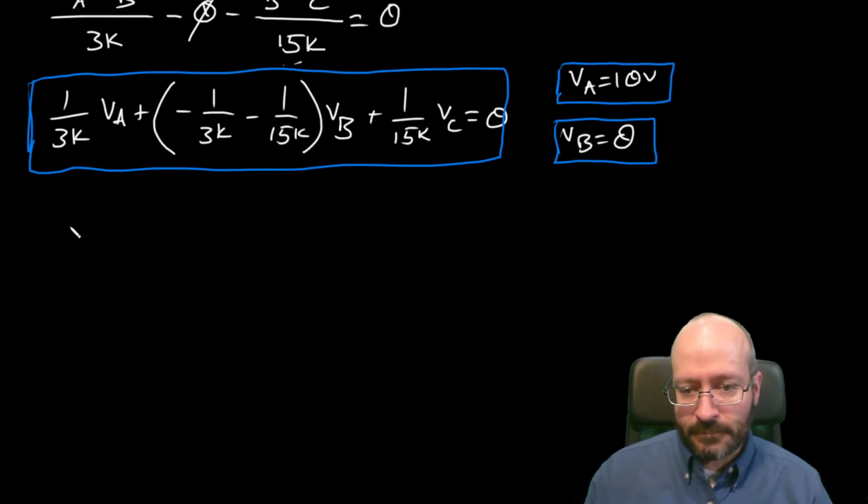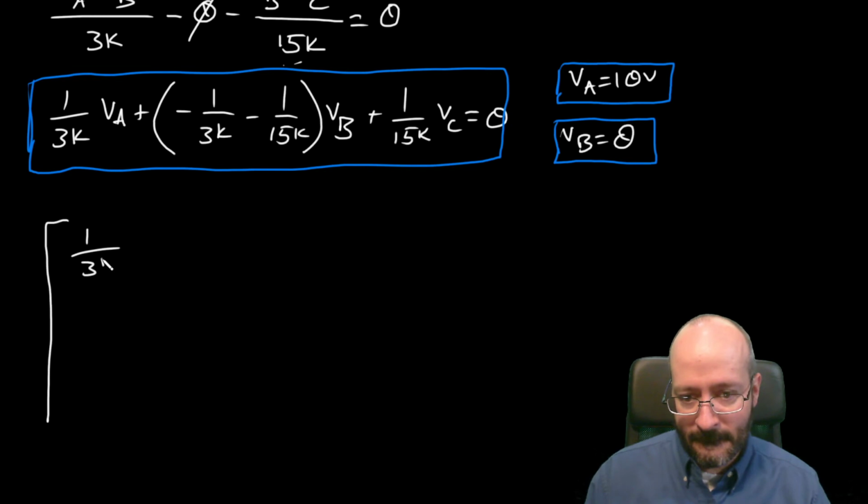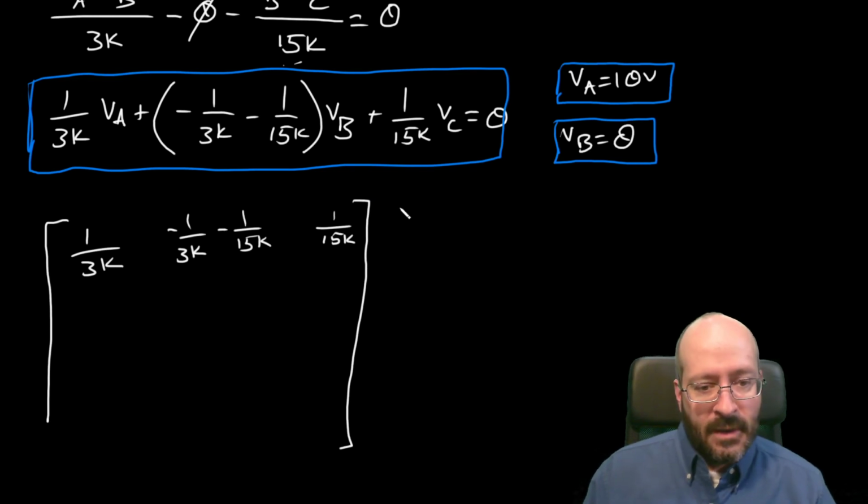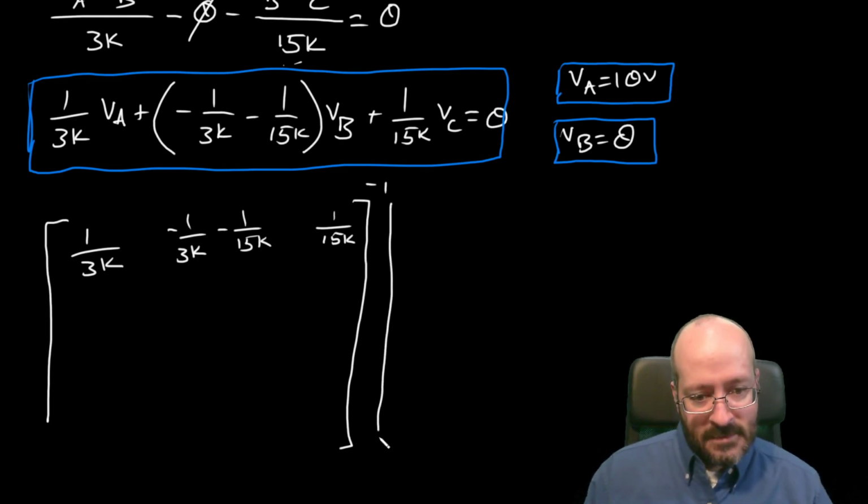Okay, so 1 over 3K. And like I said, I'm just going to let the calculator chew on that. I don't feel like reducing that in my head, although I don't think it's horrible. But I know better. Okay, and we're going to invert that and multiply it by the right hand side.